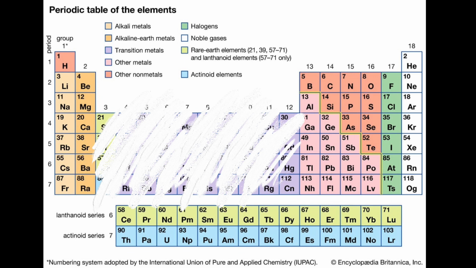Now, the reason why hydrogen is in group 1 and helium is not in group 2, even though it has 2 electrons on its outer shell, is that helium is in group 18, and group 18 elements are what we call noble gases or inert gases, which means they are lazy. They don't want to be involved in reactions.